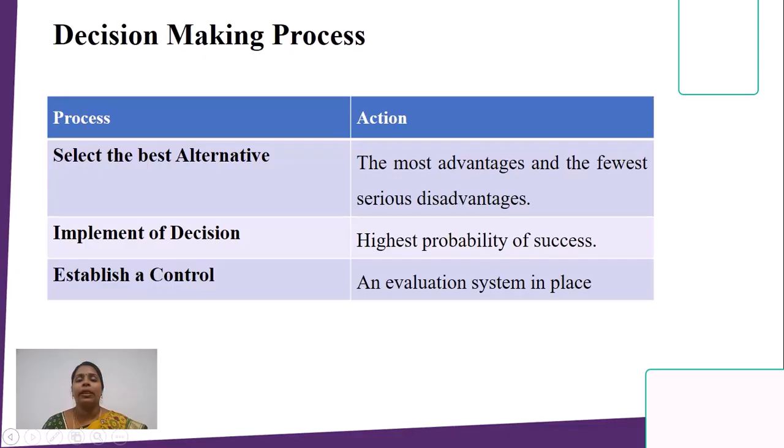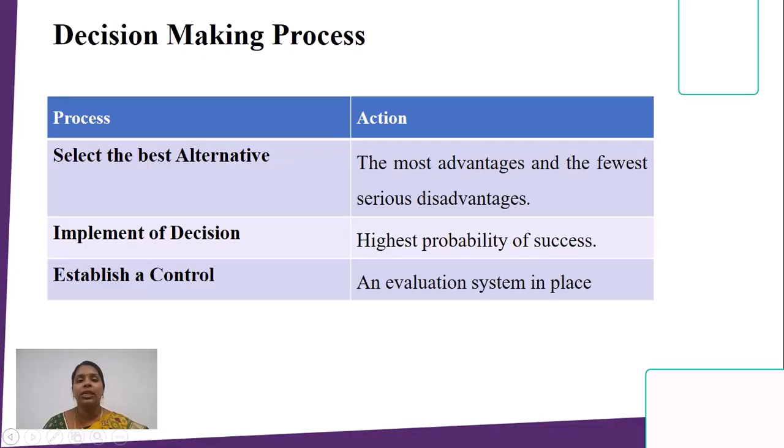People will think that implementation of the decision is the final stage, whereas managerial economics says that even after the implementation of the decision, there is a role for a managerial economist which is given in the last step, that is, establish a control. A mere implementation of the decision will not give you a high probability. It may even go further.